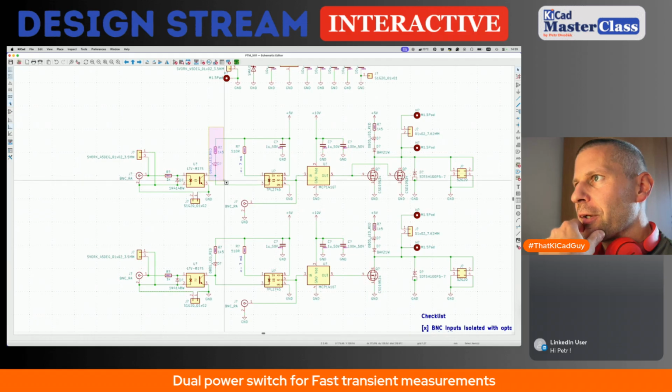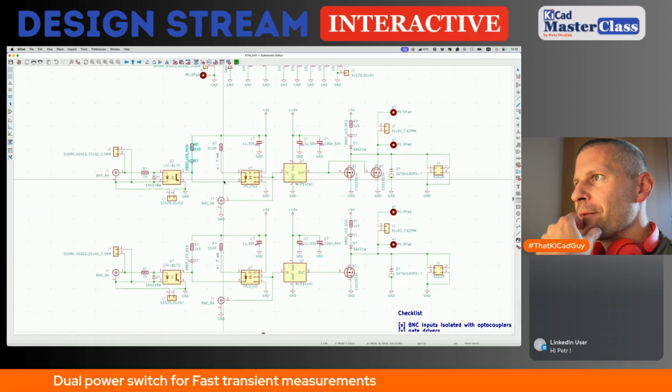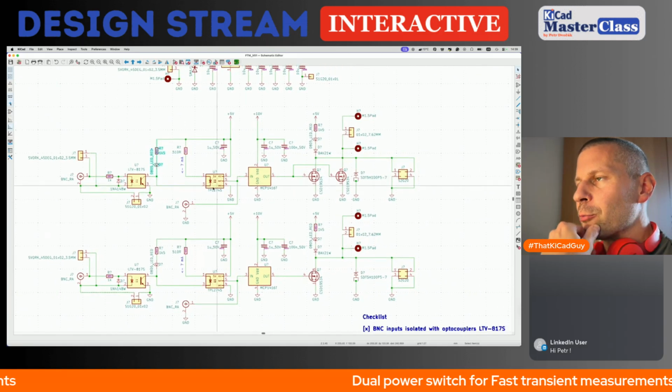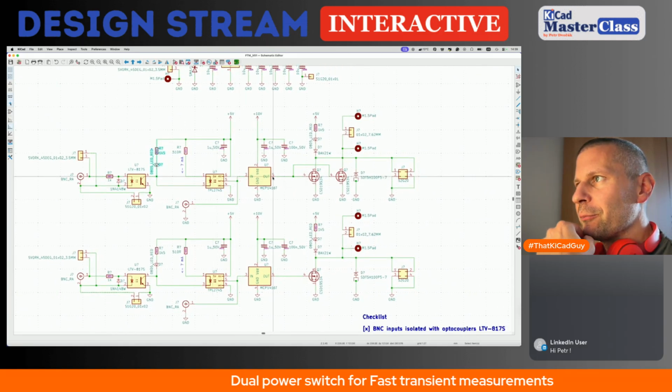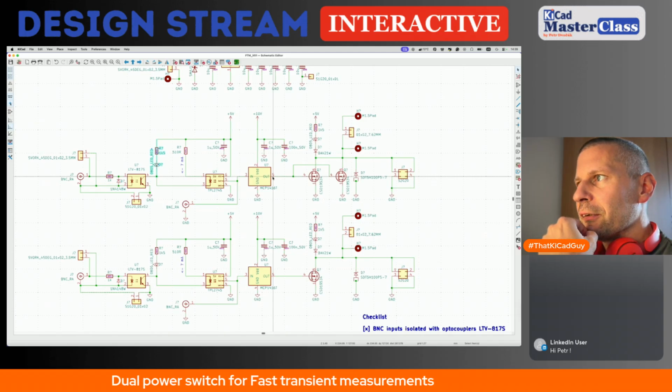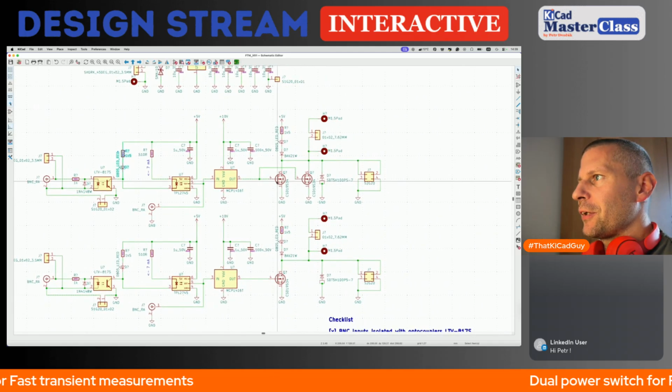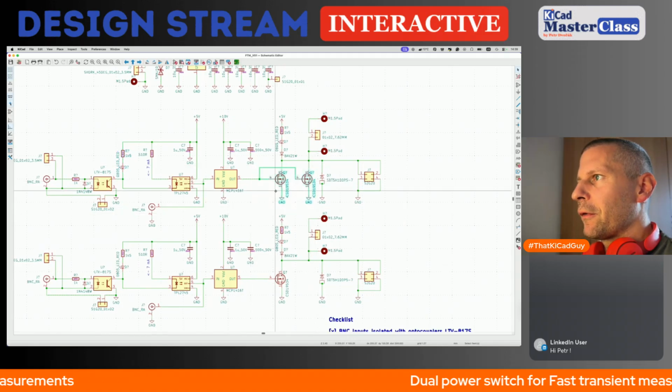There is the monitoring LED of the state. There is a digital output optocoupler driving the input of the gate driver. The gate driver driving two MOSFETs in parallel.